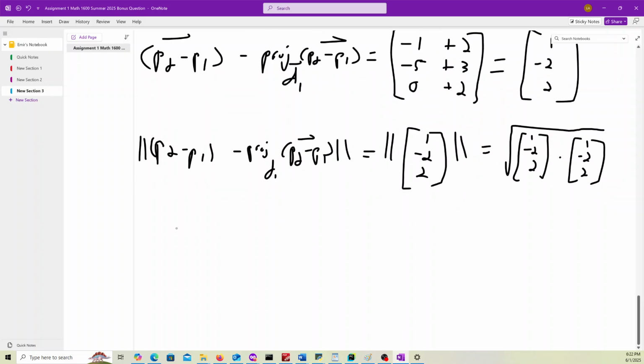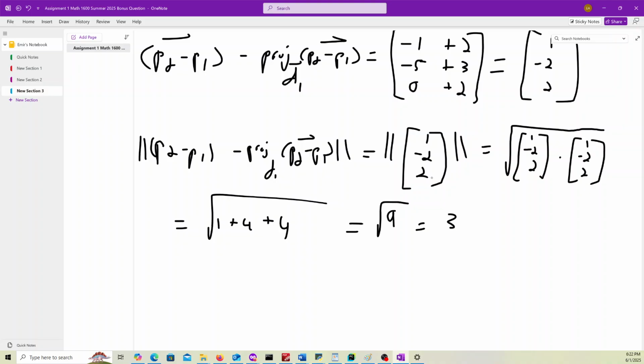And this is equal to the square root of 1 plus 4 plus 4, which is the square root of 9. Because really we're taking the positive square root of this value, the positive square root of 9 is equal to 3. And so the final answer is that the distance between these two lines is 3.